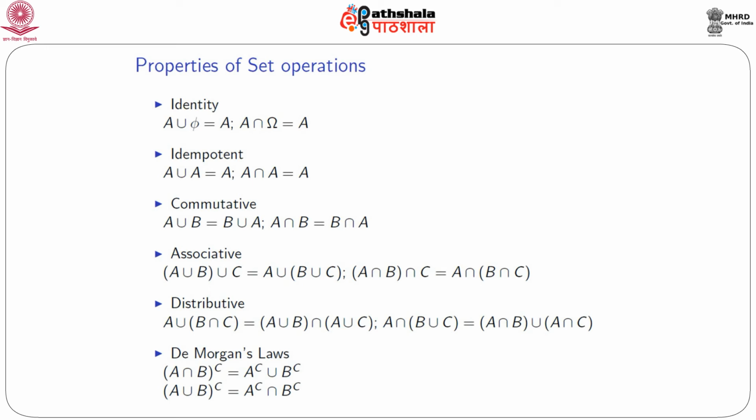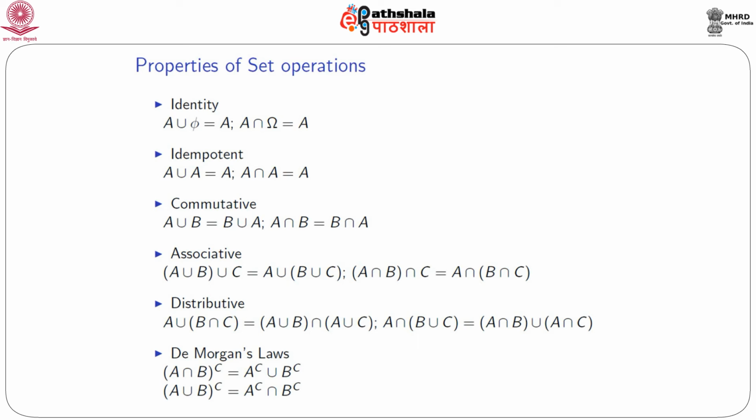Then we can have the associative property too. It means suppose we have three sets A, B and C. Now, we take the union of the first two, A union B, and then take the union with C. This is the same as taking the union of the last two, B union C, and then taking the union with A. So, this property is called associative.